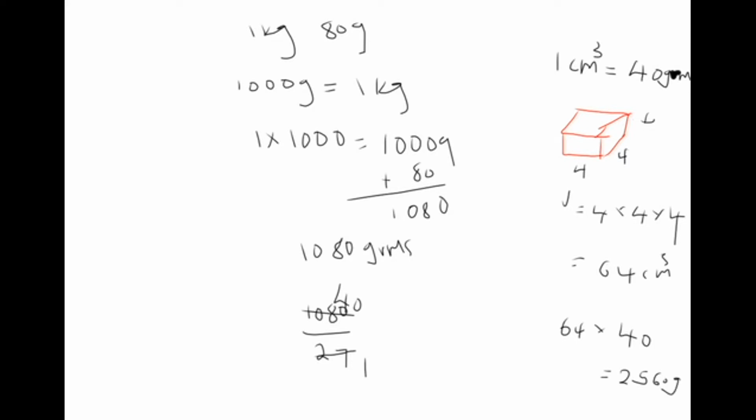Then from there, convert these grams into kilograms. We divide by 1,000. Count the number of decimal places. Here we have 1, 2, 3. Here we shall count 1, 2, 3. We place the decimal point here.